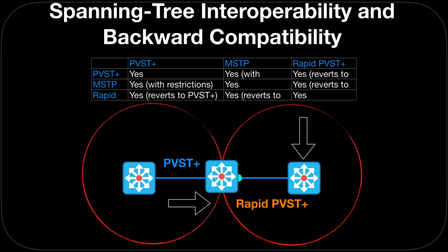In the Rapid PVST+ spanning tree instances, the root device must be a Rapid PVST+ device. In the PVST+ instances, the root device must be a PVST+ device. The PVST+ devices should be at the edge of the network. All stack members run the same version of spanning tree.